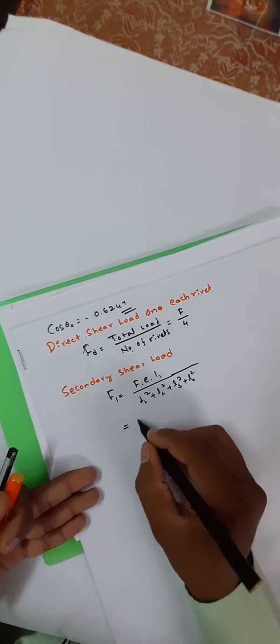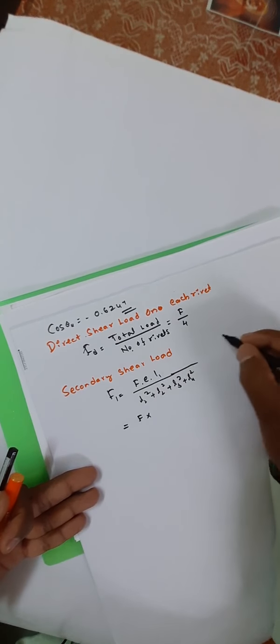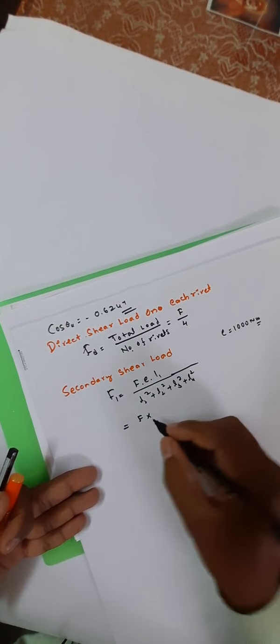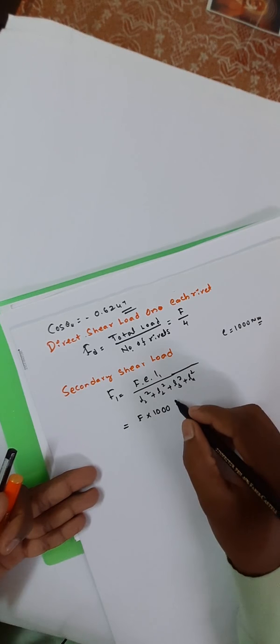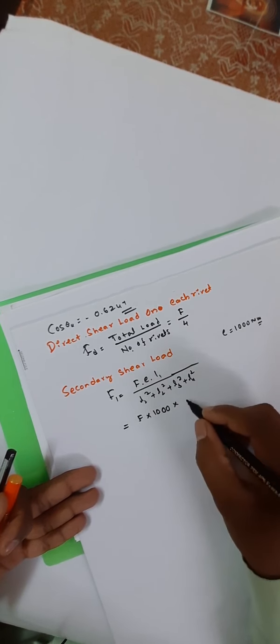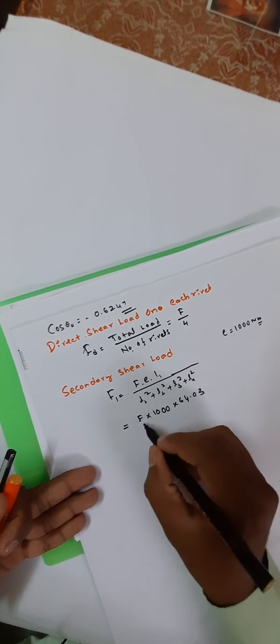Now if you substitute the values into this equation, we don't know the F, we need to determine the F. We know E, the eccentricity, is equal to 1000 mm, and we know the value for L1, which is 64.03.